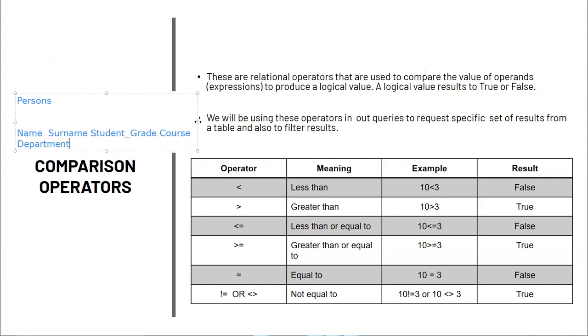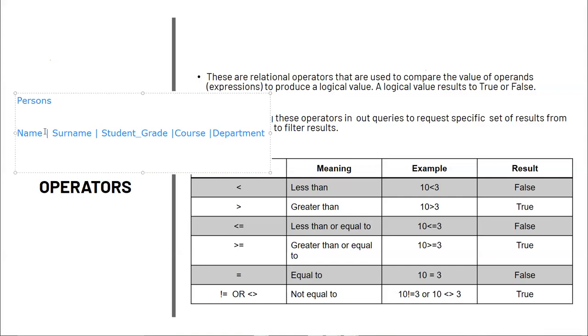Okay, so now for anyone in this department, now we have surname, student grade, course, department. So let's say there is an application for scholarships now, you understand, and then they want people who have a CGPA. Let me put CGPA, student grade.